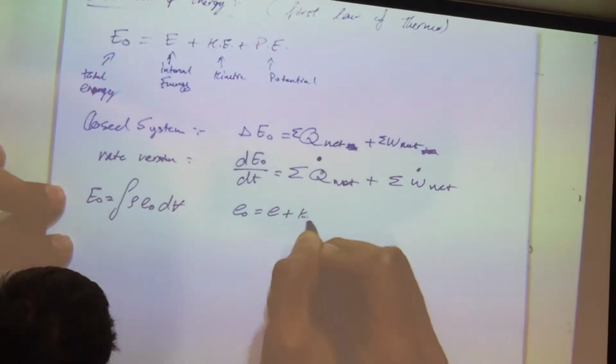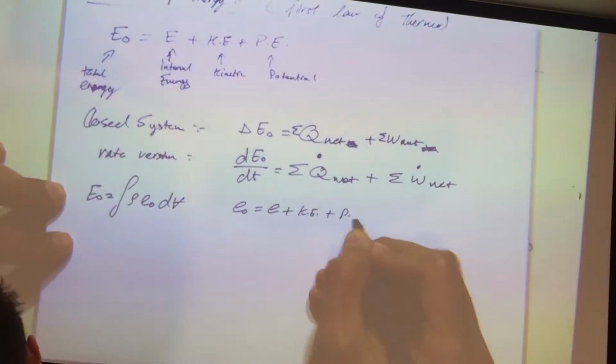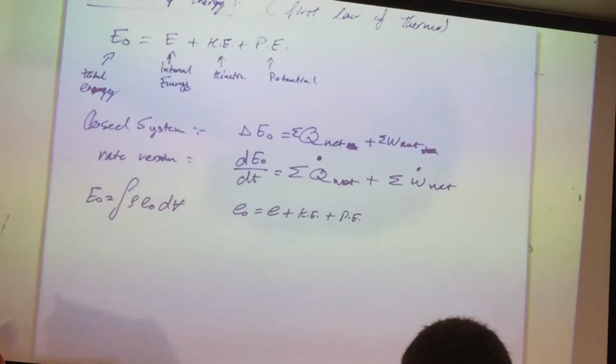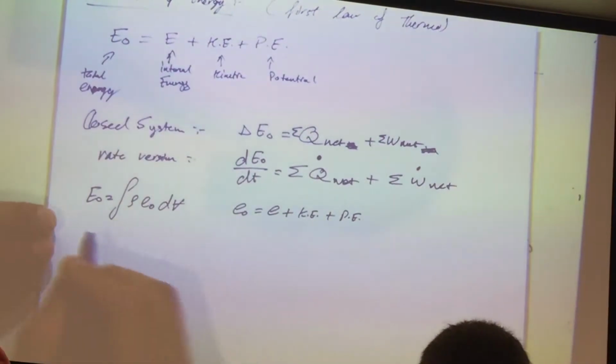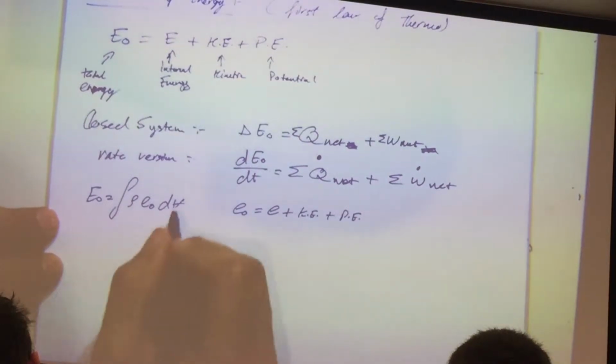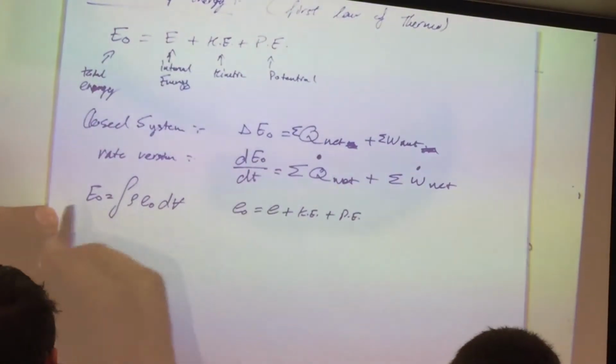Internal energy plus kinetic energy plus potential energy. All I did was normalize it by the mass, which means we're already talking about a specific quantity. So based on this, if I substitute this in here, what do I get?